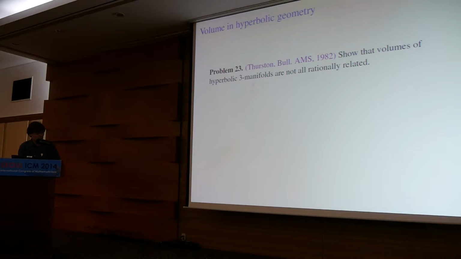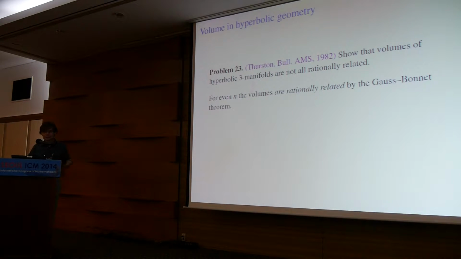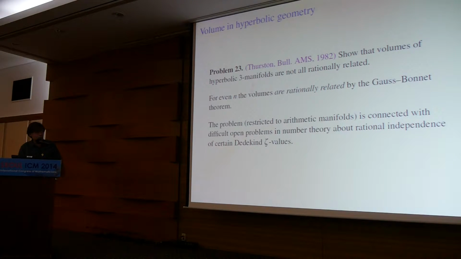So what we know is that for even dimensions, volumes are of course rationally related by the Gauss-Bonnet theorem. And the conjecture says that in odd dimensions, the situation is different. So if we restrict to arithmetic manifolds or orbifolds, which I'm going to define very soon, then this problem is related to deep open questions in number theory about rational independence of zeta values.